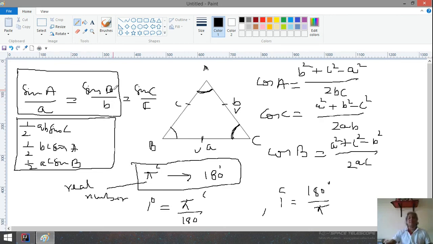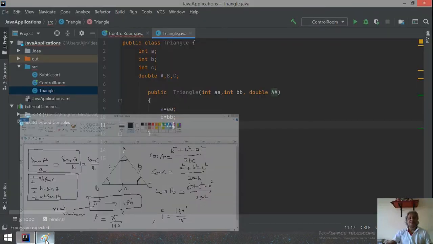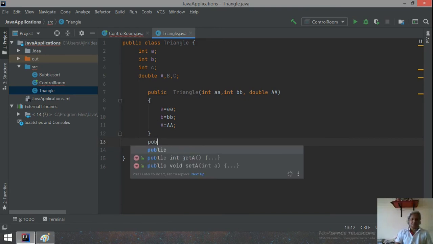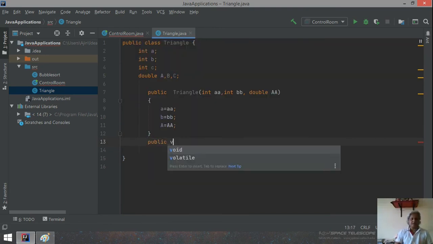to find sine B. Then what is sine B? You see, sine B is B sine A upon A. So I use that. So first, public void cal.